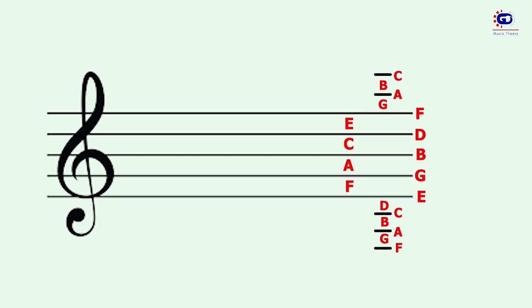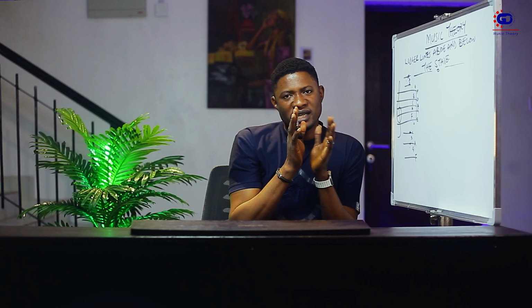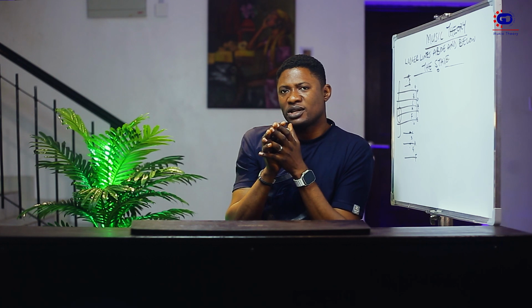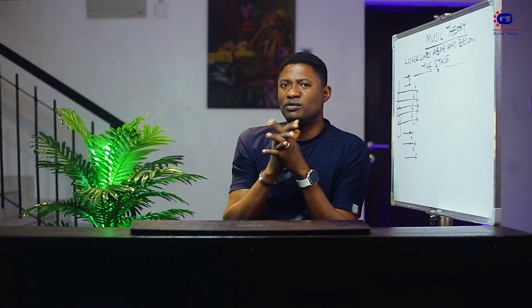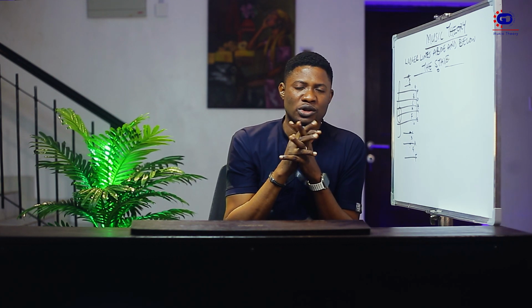So for instance, I can count my ledger line as already I know my 5th line is F. I skip up to A and then to my C. Or you skip down from E to C, skip down from C to your A, and then skip down from A to F.